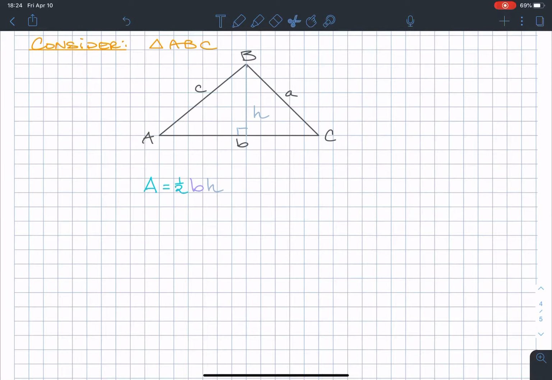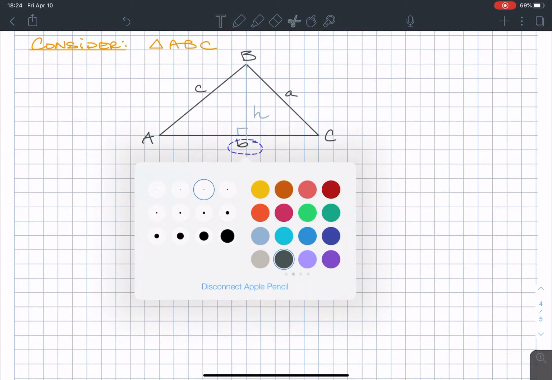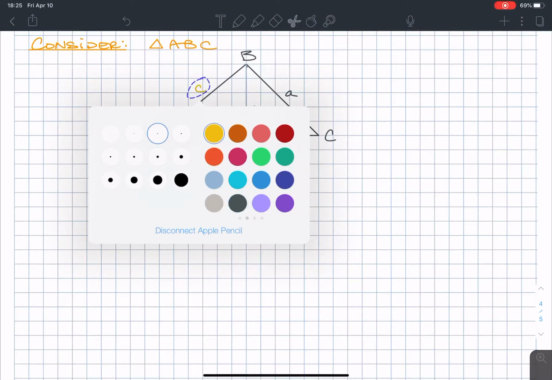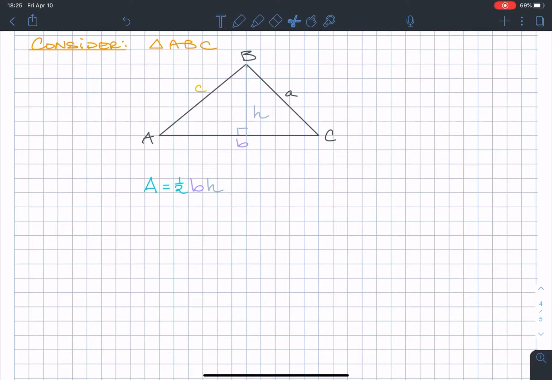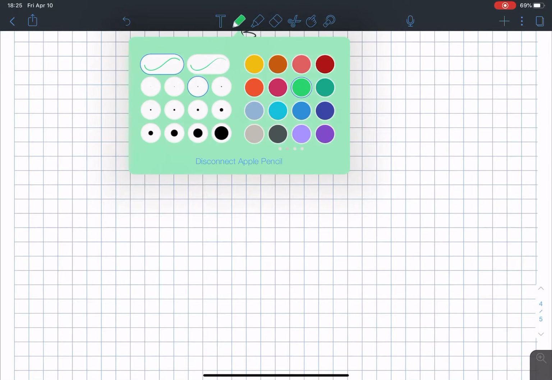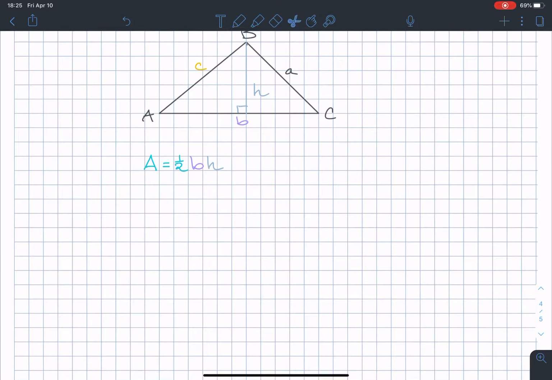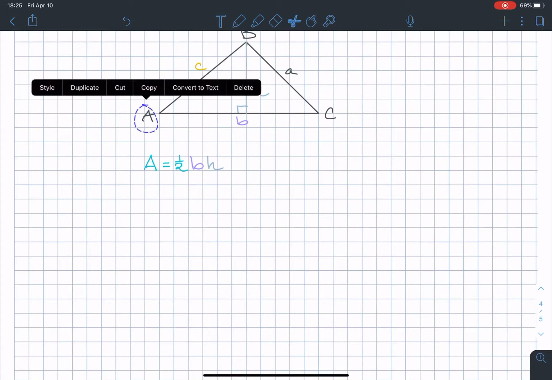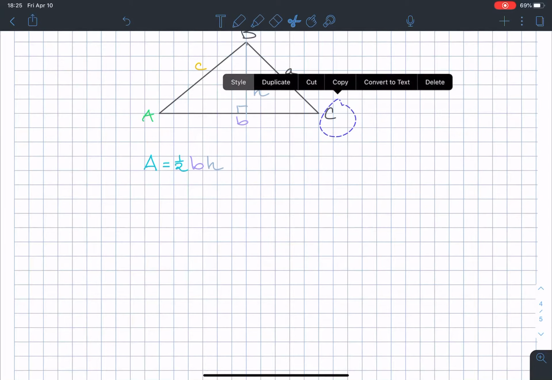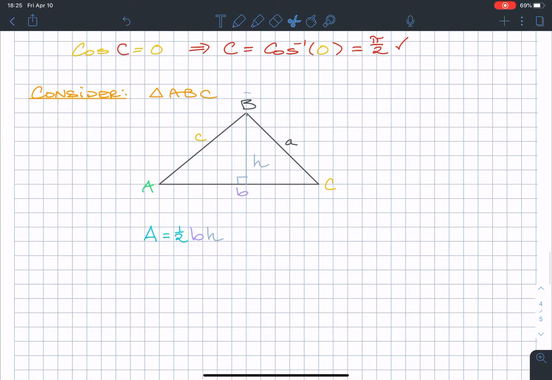So let me color code these. Base. Okay, let's call this one blue or yellow maybe. Okay, so let's have A be green, C be yellow, and B be purple.